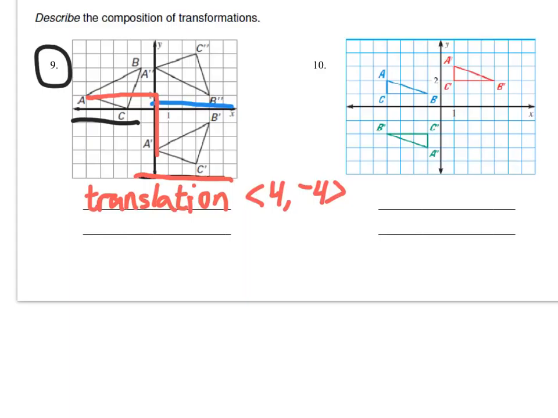And then after that, the blue figure seems to be reflected over our x-axis. It looks like the x-axis is a mirror, and our figure with the A prime, B prime, and C prime has been flipped in order to get to A double prime, B double prime, and C double prime. So that is a reflection over the x-axis.